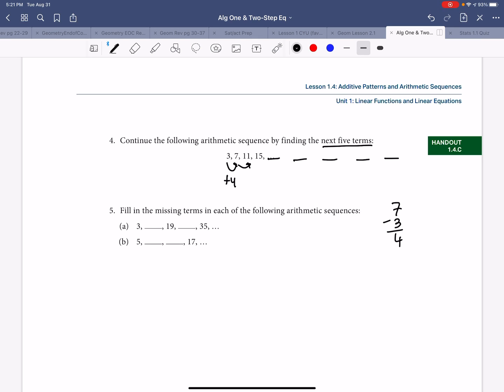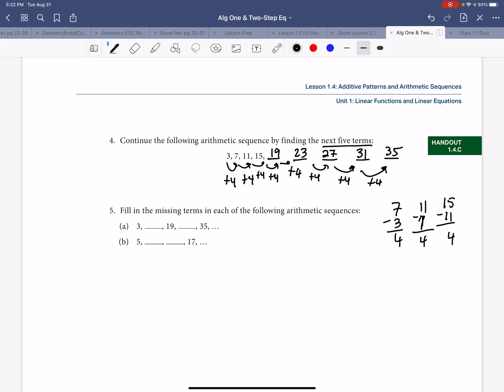And now I'll test that out. When I subtract this, I get 4. Yeah, okay. So one more time, let's subtract those two, figure out what we get, 4. Yep. So I need to add 4, and then add 4 again, and then add 4 again, and then add 4 again, and then add 4 again.